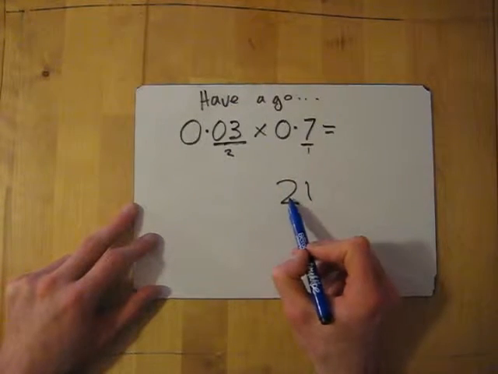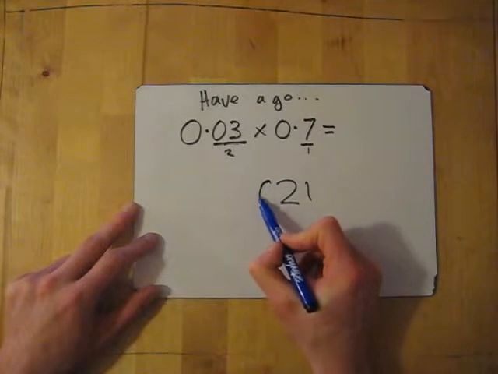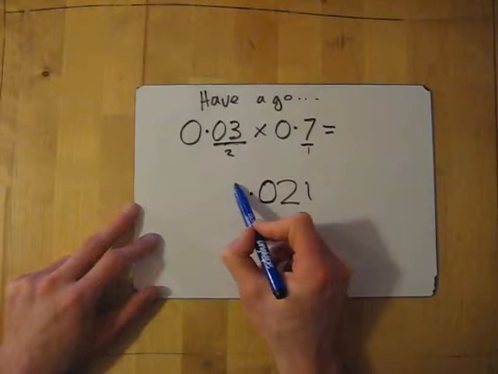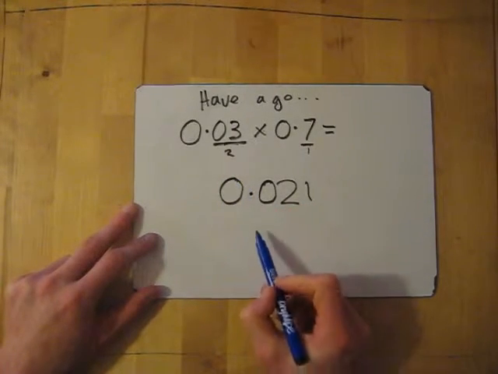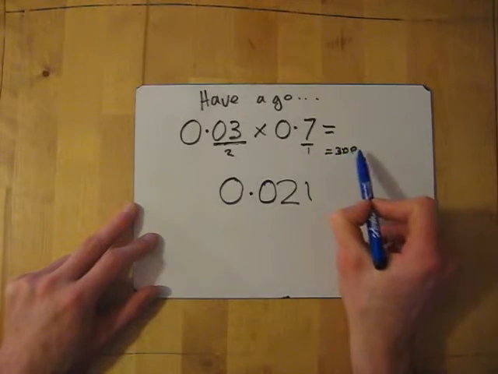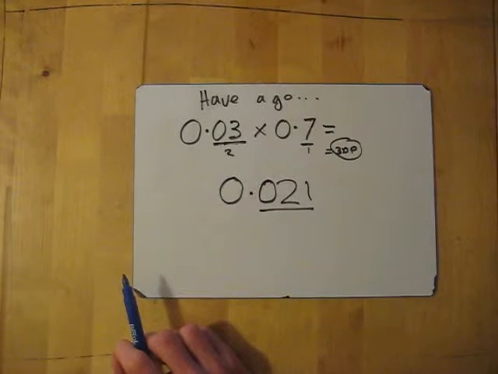So in this number, there's actually only 2 numbers that I can put after the decimal. So in this case I have to add an extra 0, put a decimal point, and now 0. So I've got this 2, add the 3, so I've got 3 decimal places. And in this, I've got my 3 decimal places. So my answer is 0.021. Okay.